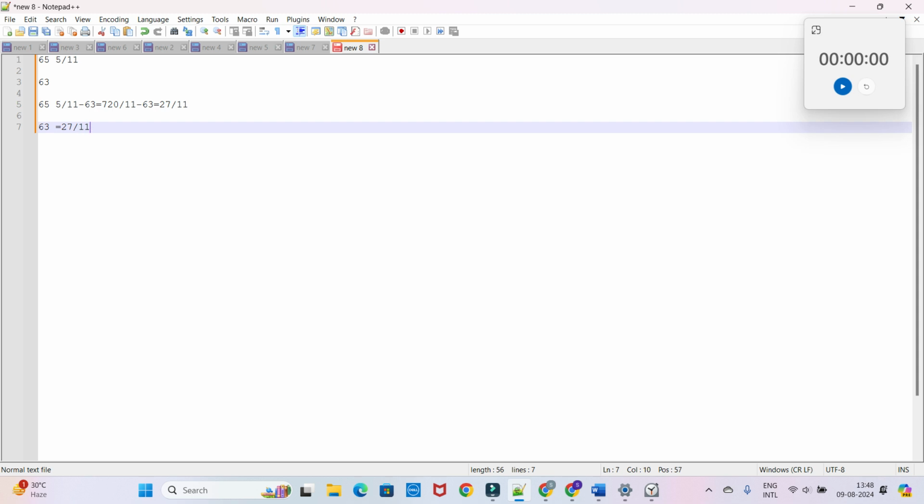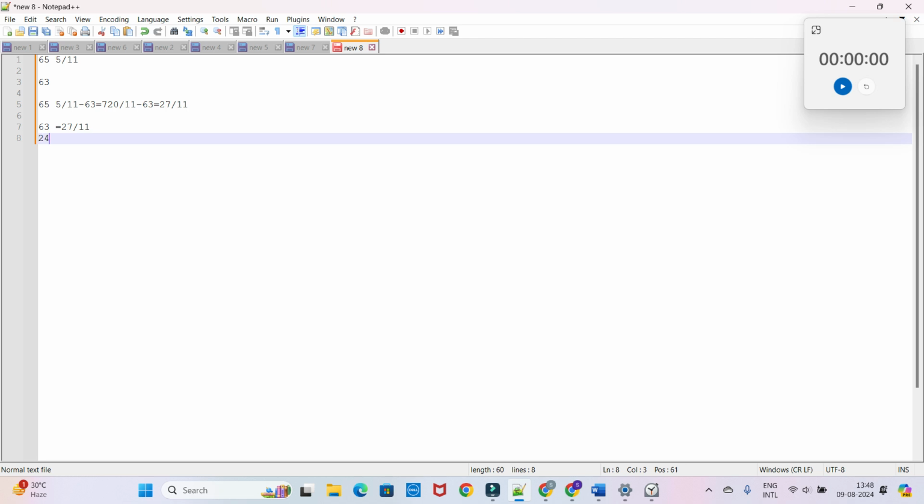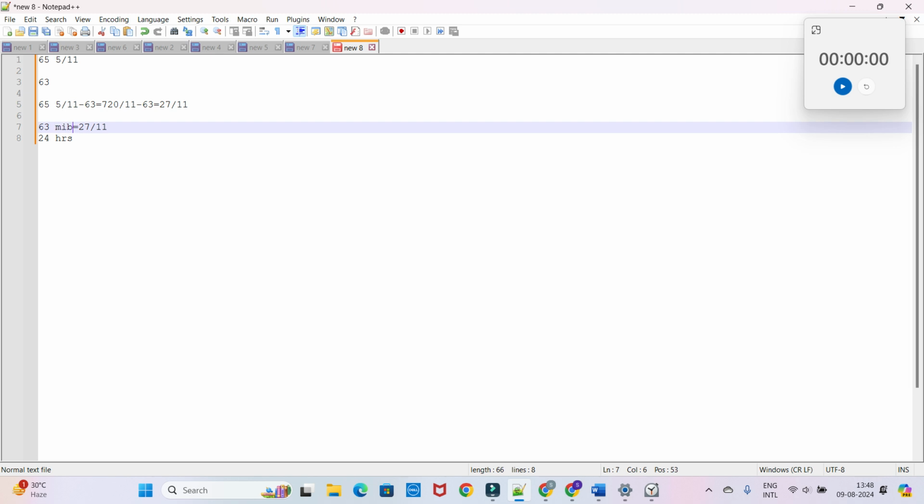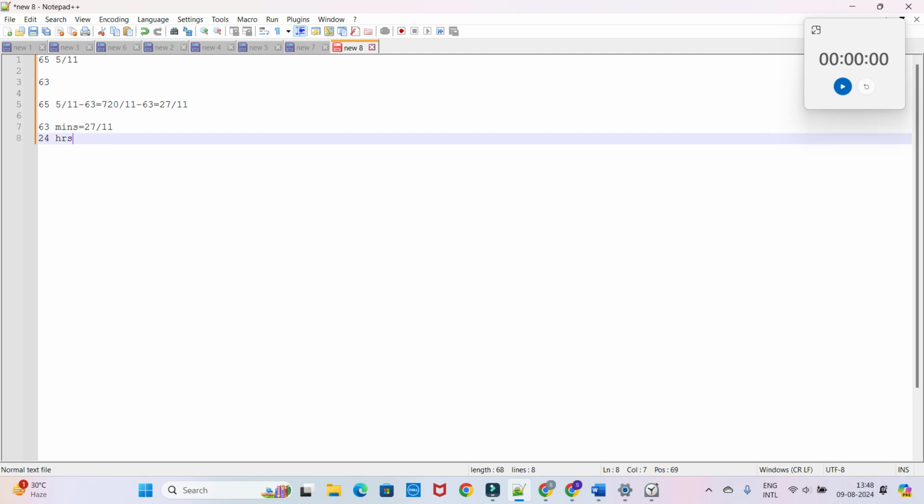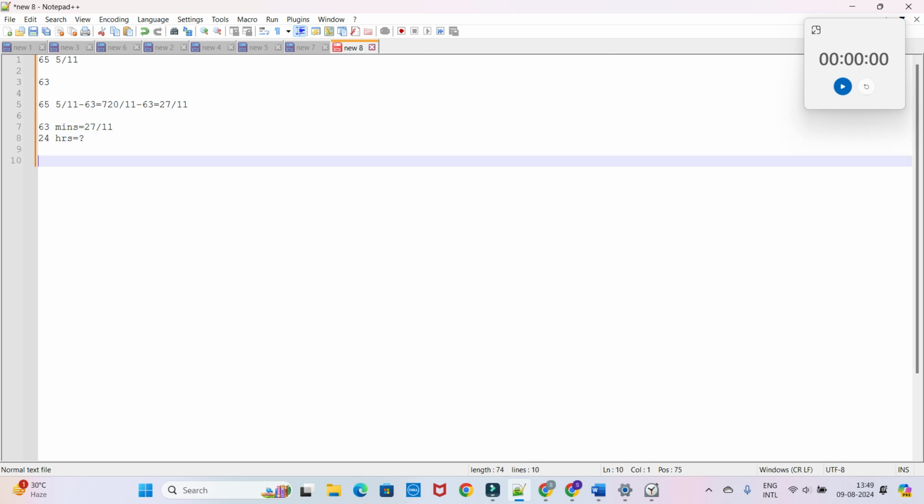So we need to find it for 24 hours, in minutes. So that is 27/11 into 1/63 into 24 into 60.